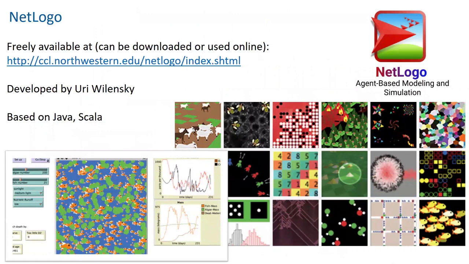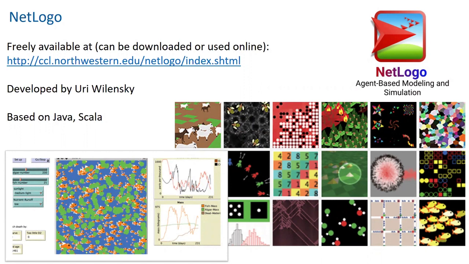The first one is NetLogo, as I already mentioned in the presentation. It's a freely available agent-based modeling platform in which many types of agents can be represented in a continuous or in a discrete space.